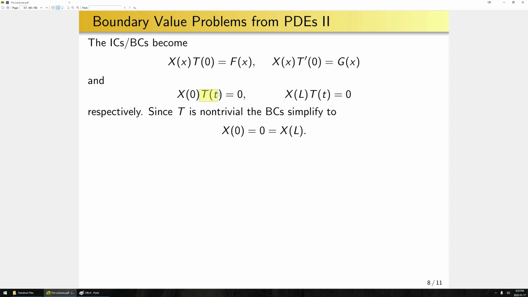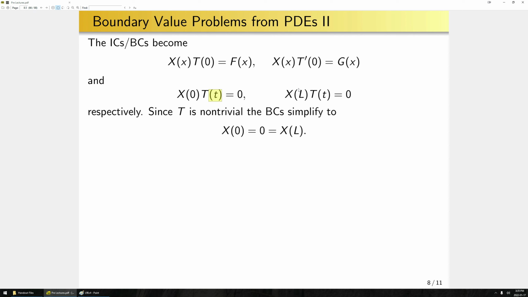Why? Well, if this thing is non-trivial, I can divide by it and just get x of 0 is equal to 0, or alternatively, if this is non-trivial, that means it's not 0 for all values of time. Therefore, if I want to satisfy these boundary conditions, I need to have that x of 0 and x of L are equal to 0.